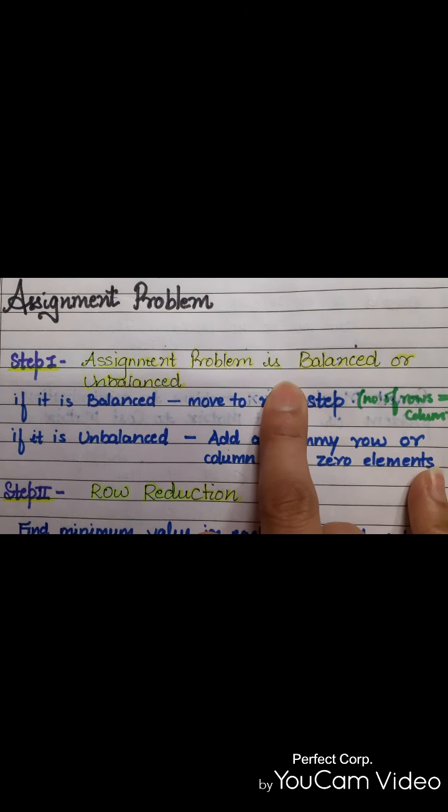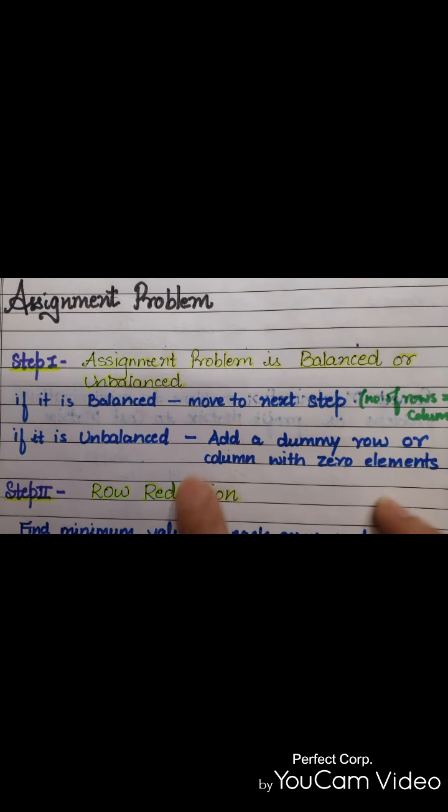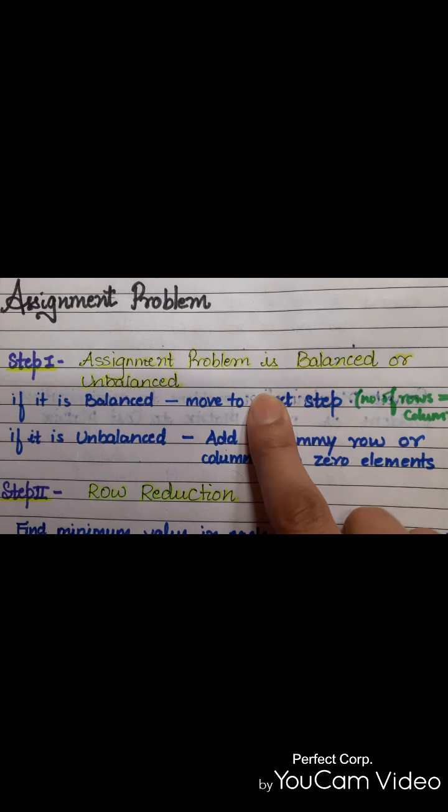When we start solving the problem, the first thing we have to check is, just like in the transportation problem, where we check the sum of demand and the sum of supply to identify whether it is balanced or unbalanced. Here also we have to identify whether the assignment problem is balanced or unbalanced.